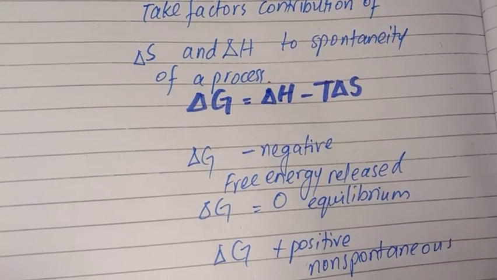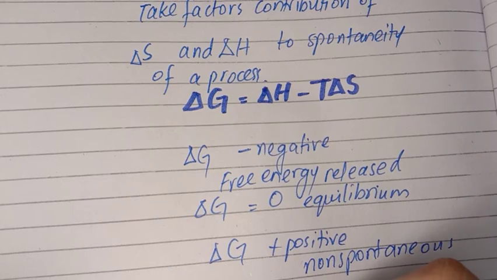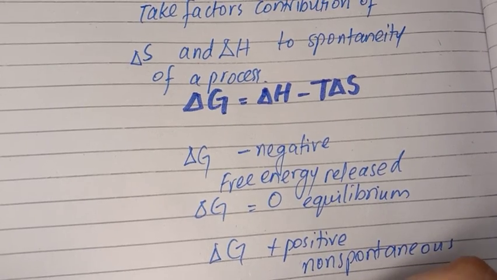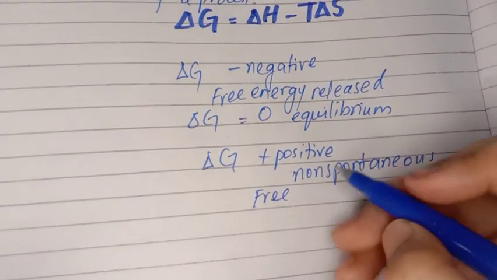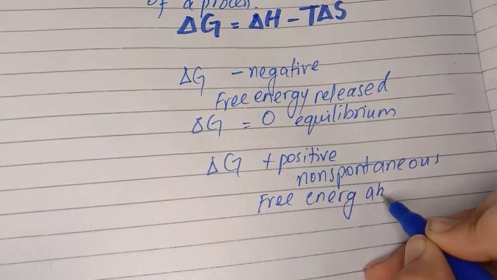That is, an endothermic process that is non-spontaneous at lower temperatures can become spontaneous at some higher temperatures. This is actually what happens in the ice-water transition. Now you understand what happens during this process.